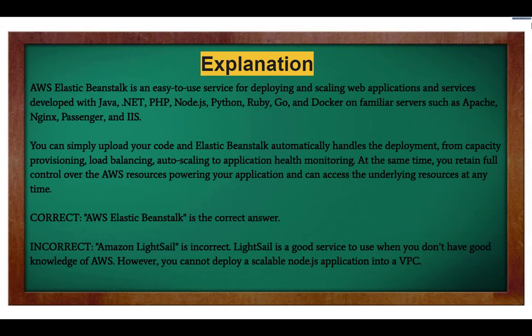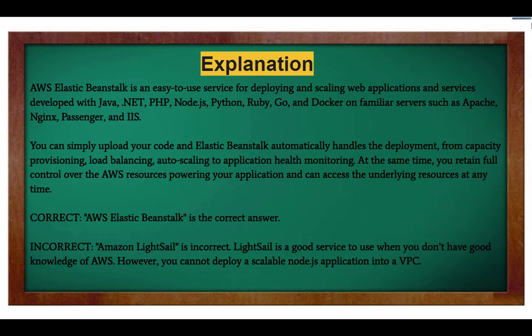Explanation. AWS Elastic Beanstalk is an easy-to-use service for deploying and scaling web applications and services developed with Java, .NET, PHP, Node.js, Python, Ruby, Go, and Docker on familiar servers such as Apache, Nginx, Passenger, and IIS.